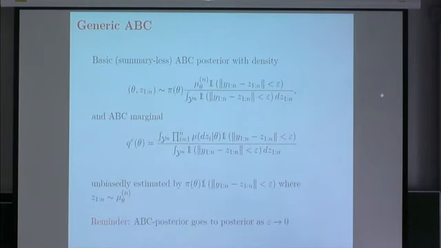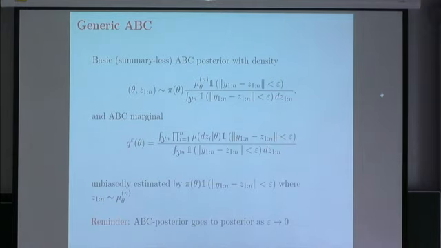And so if you take the starting point of ABC, before the introduction of summary statistics, the standard notion for running ABC is this joint distribution on theta and z_1 to n, that again we assume we can simulate, that relates to the true observations, the y_1 to n, by selecting zs that are close enough to y.